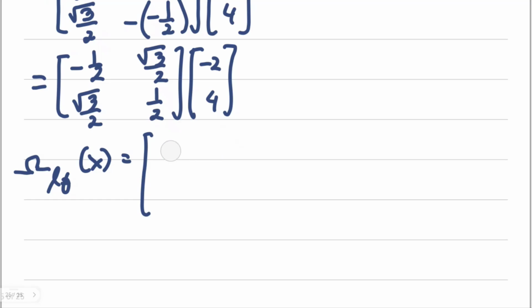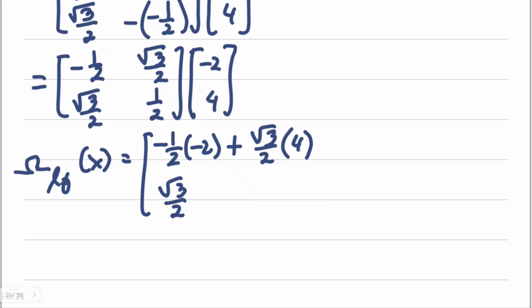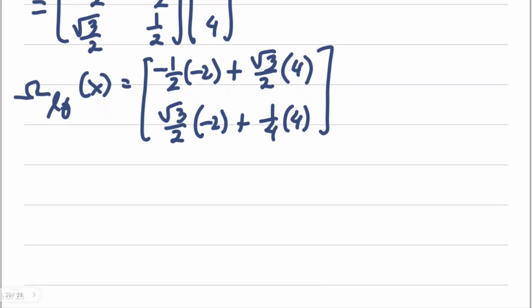Allow me to write step by step here. Negative 1/2 times negative 2 plus square root of 3 over 2 times 4. The other one is square root of 3 over 2 times negative 2 plus 1/2 times 4. Now the result for this would be our point.